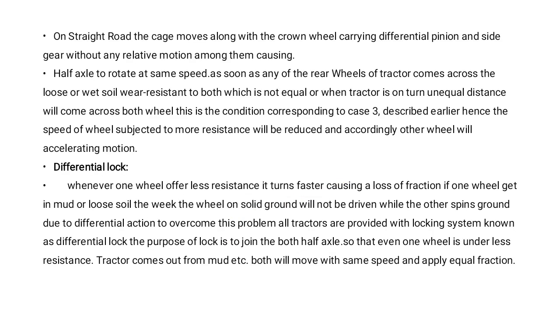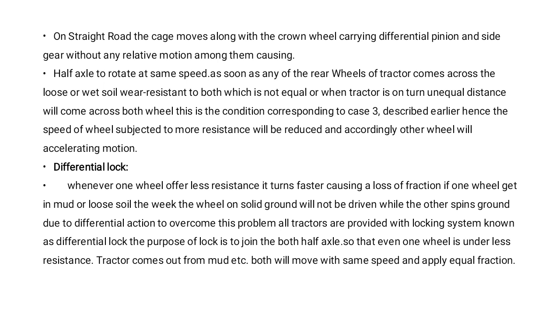On a straight road, the cage moves along with the crown wheel, carrying the differential pinions and side gears without any relative motion among them, causing the half axles to rotate at the same speed.